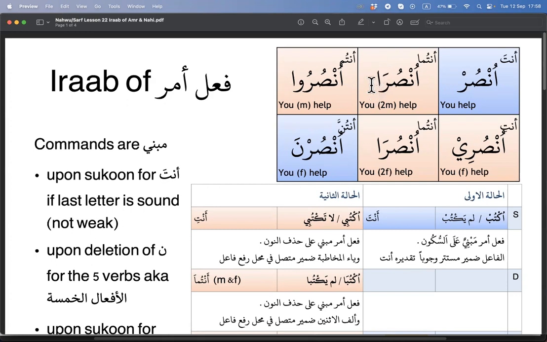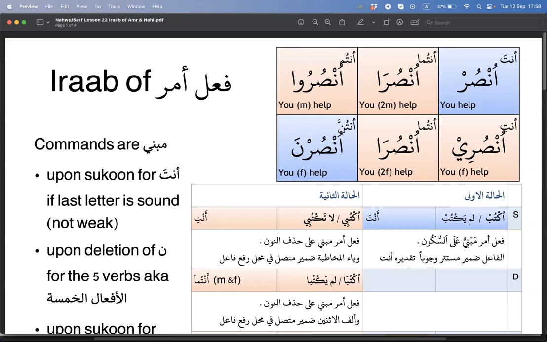So the antum version, what letter tells you it is antum? The waw and alif. Yes, exactly. So the waw is your dhamir muttasil. So fi'il amr mabni ala hazf nun, and the waw is dhamir muttasil fi mahali rafa fa'il.